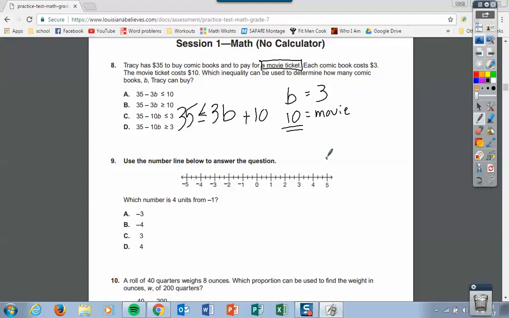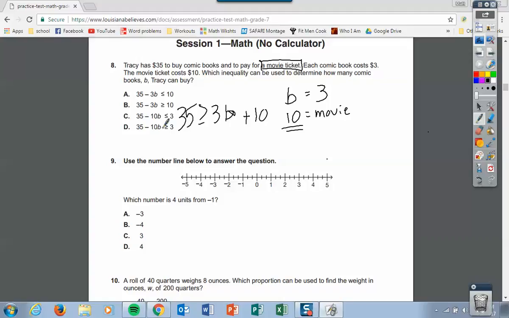So I've got $3 times the number of comic books plus the $10 that she spent on the movie has to be less than or equal to the $35. Now the thing about this is that this equation that I have here is not up here. So I need to do some train tracks to rearrange it.